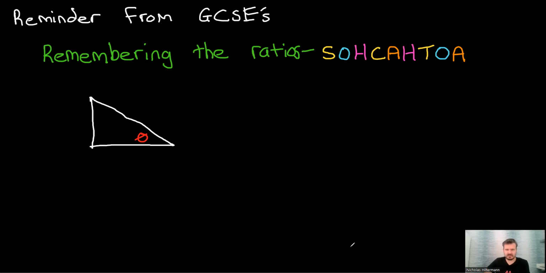So in other words, one of the angles that's not the right angle. So we're just going to call this theta, and that's a notational thing. Then we look at this angle, and this is the angle that we are questioning. And we're saying, well, what are the ratios in terms of this angle here?